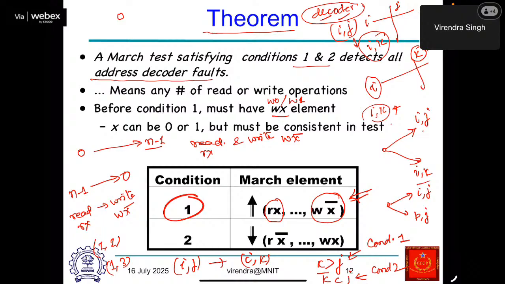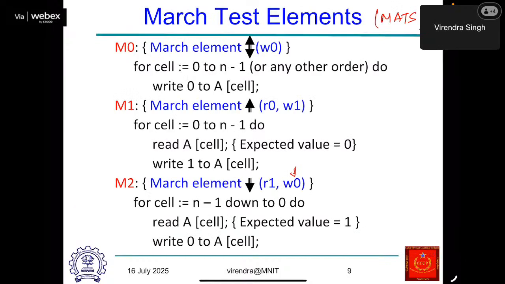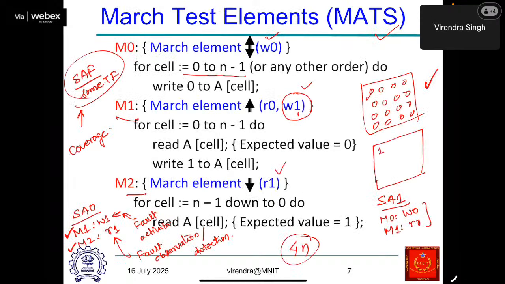The same effort can help you in testing the address decoder. Any fault that we are detecting, like here R0W1 and R1W0, we are going in one of the ways. So let's look at this test. I'm going in the forward way, 0 to n minus 1, reading value 0 and writing value 1.